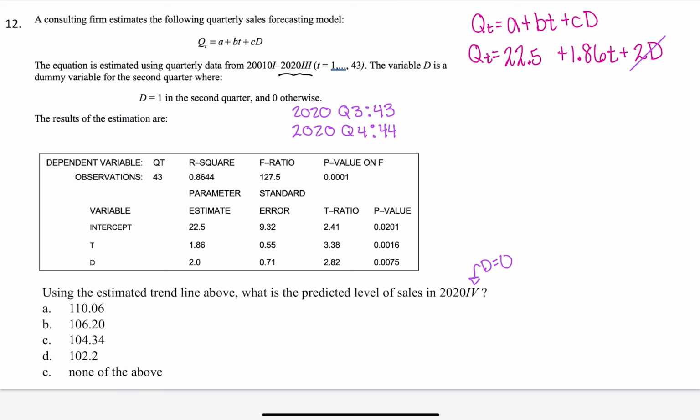So we can substitute that in. So Q44 is 22.5 plus 1.86 times 44, which gives us 104.34. Or C.